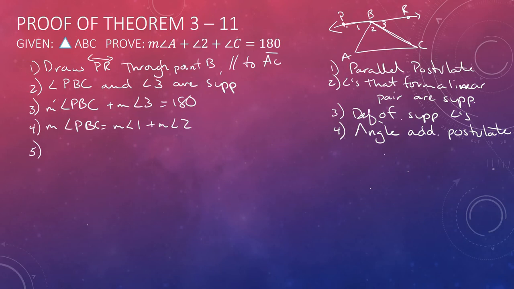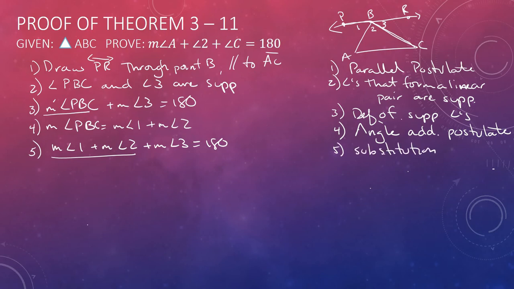So now I've got 1 plus 2 equals PBC, and I've got PBC plus 3 equals 180. So let's see. Measure of angle 1 plus measure of angle 2 plus measure of angle 3 equals 180. I substituted in place of PBC my equivalence, so that's straight substitution. Okay?